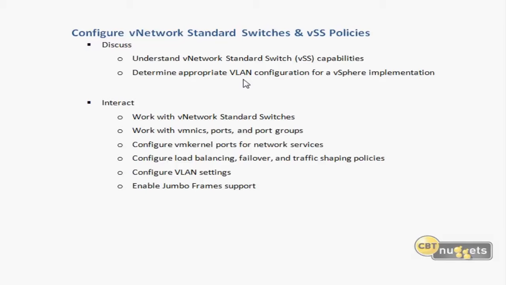Then when we get into the click-by-click part, we're going to talk about how you can interact with those standard switches and create and administer VM NICs and port groups, VMkernel ports and network services, and all the other fun things that are required in order to get a switch into a usable configuration for how your virtual machines are going to need them.